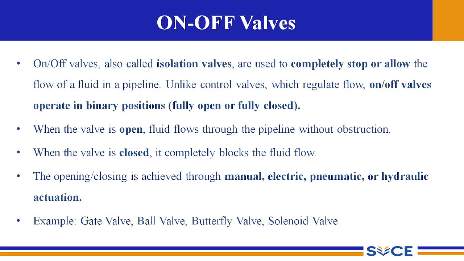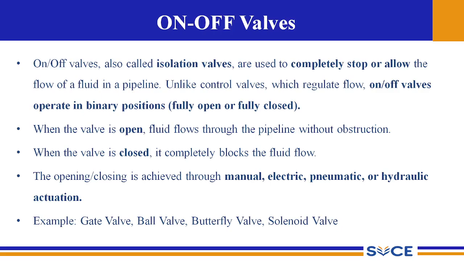The opening and closing is achieved either by manual means, that is by operating a hand wheel or a handle, or by electrical, pneumatic, or hydraulic actuation. Pneumatic means using air, hydraulic means using a hydraulic fluid, and electric means sending electrical signals to operate the actuator.